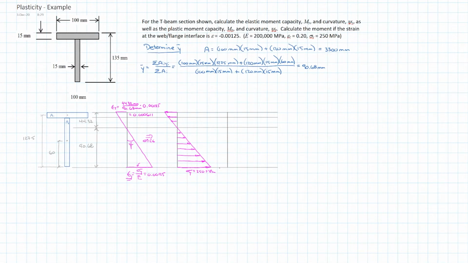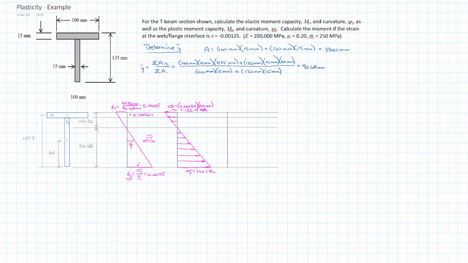Again, we can apply similar triangles to figure out what the stress at the top is, or we can just multiply the strain at the top, which we already know, of 0.000611, multiplied by our Young's modulus, 200,000 MPa, to arrive at a stress of 122.19 megapascals.